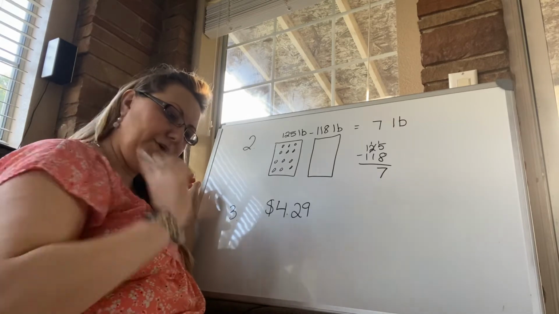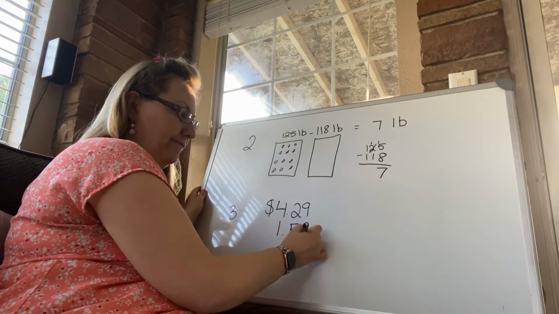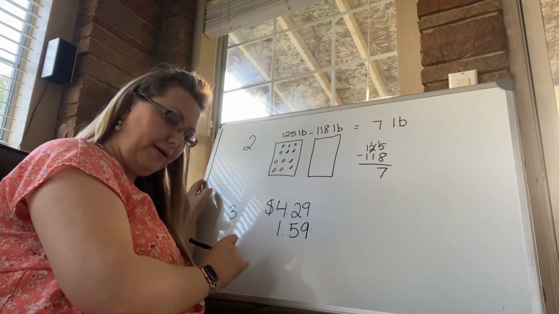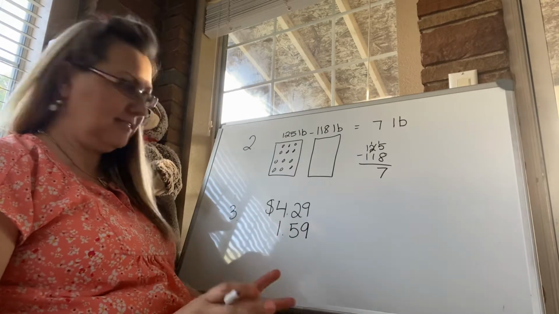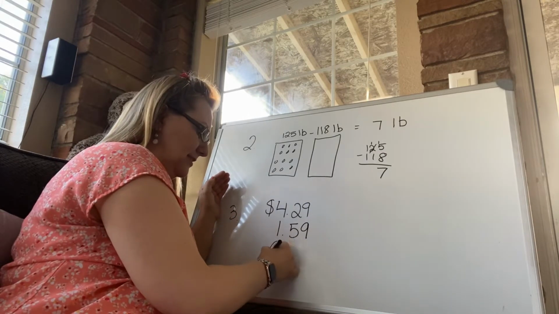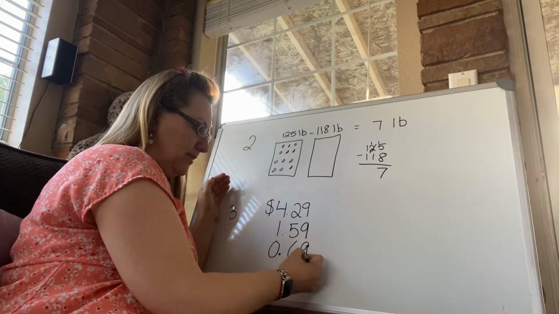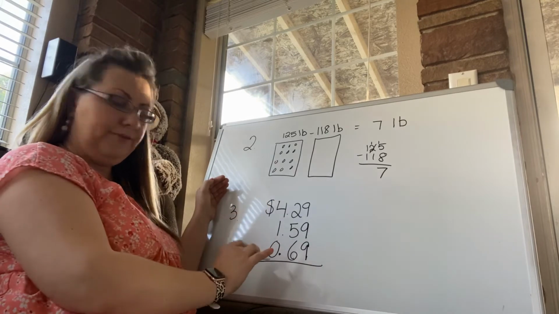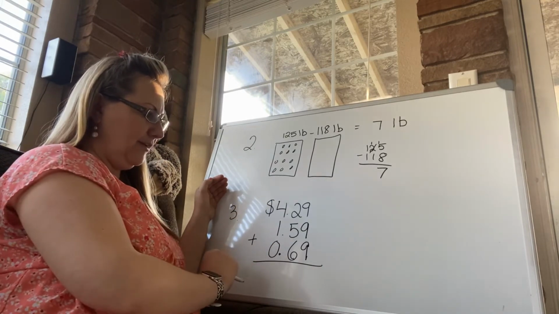The second number is for the charcoal pencil, which is $1.59. Okay. And then the third part of this is an eraser, which is just 69 cents. Right? So that means it's $0.69. And this is where we sometimes get tripped up as 4th graders when we forget that there's a 0 here. So we're going to add all these numbers together.